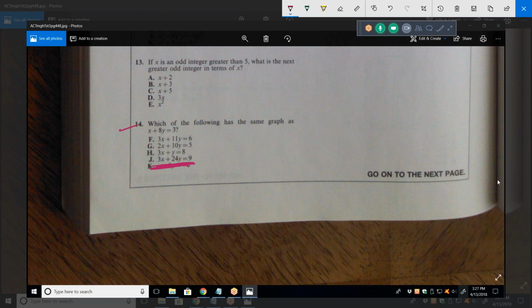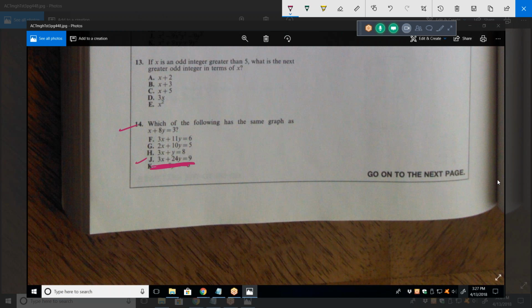Which one is it? See if one of these equations is a multiple of this equation. Is any equation... Oh, J. Which one? J. Yep. J is exactly 3 times bigger. Every term, that's 3x, that's 24y, that's 9.